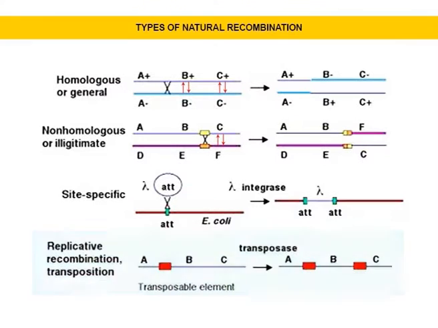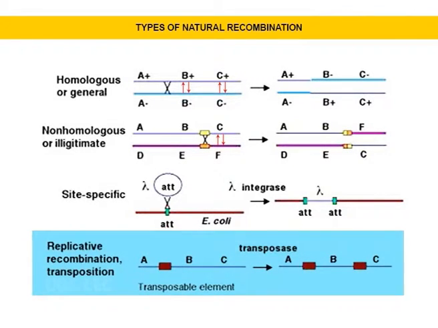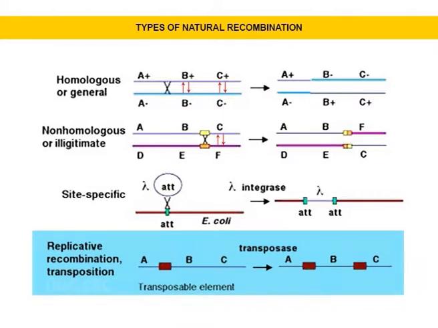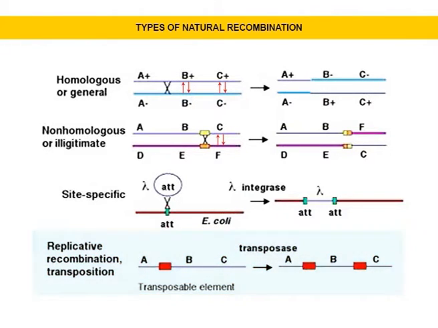Replicative recombination or transposition is a highly specialized form of recombination in which a segment of DNA moves from one location to another, either on the same chromosome or a different chromosome, and generates a new copy of a segment of DNA. Transposable elements or transposons are mobile genetic elements that have selective target sites for insertion and binding.